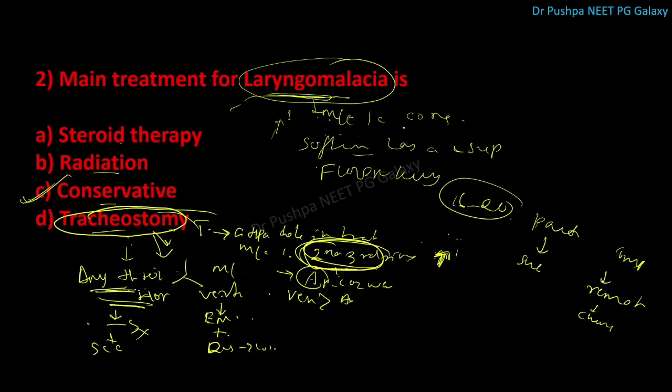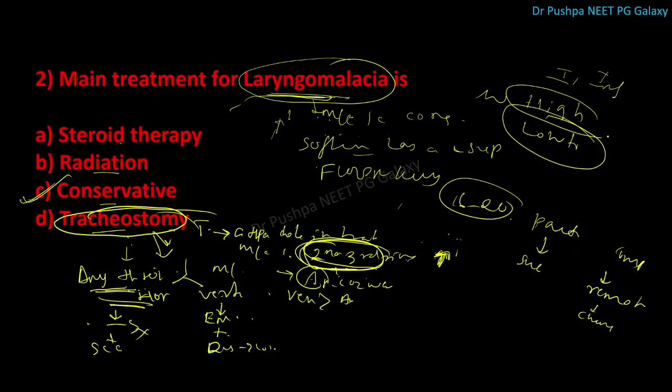There are again two questions that will come: when we will do high level tracheostomy, and when we will do low level tracheostomy. Low level tracheostomy is done if we suspect any descending infection from the larynx, below the third ring.